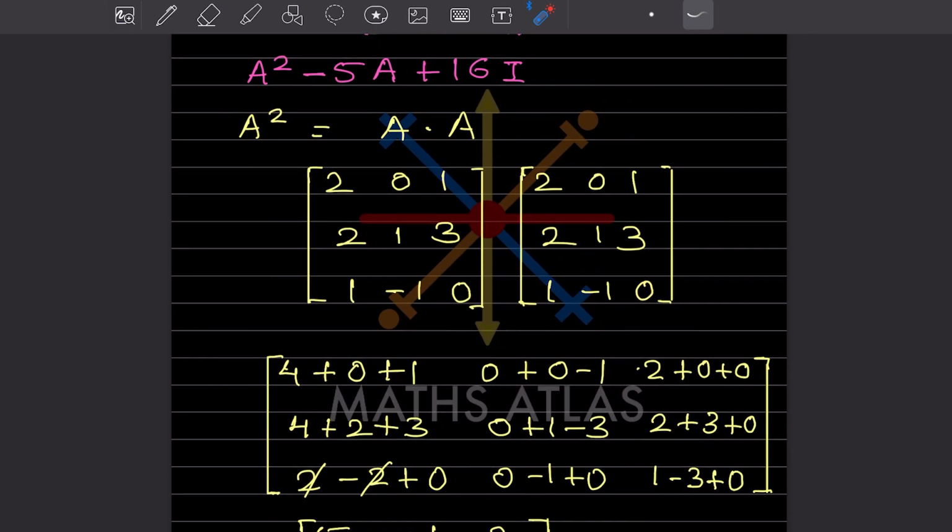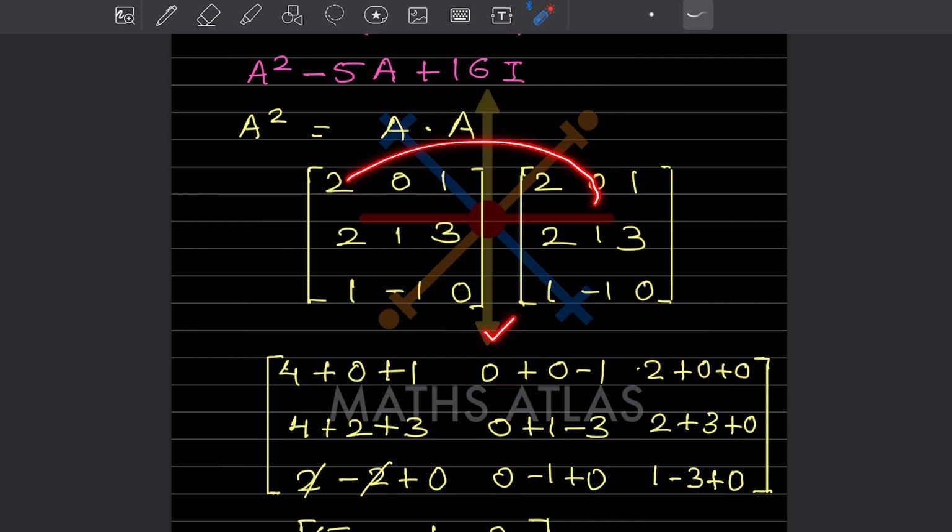Now let us multiply this into this. 4, 0, 1, we have to add. Again here 4, 2, 3, we have to add. 2 minus 2 and 0, we have to add. Now this is done. Now let us go for the second one.